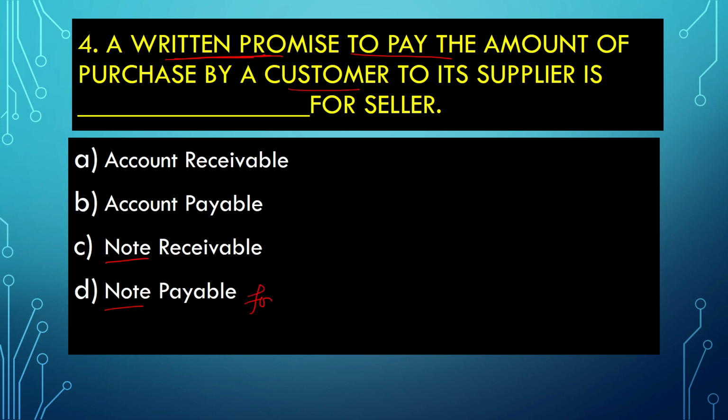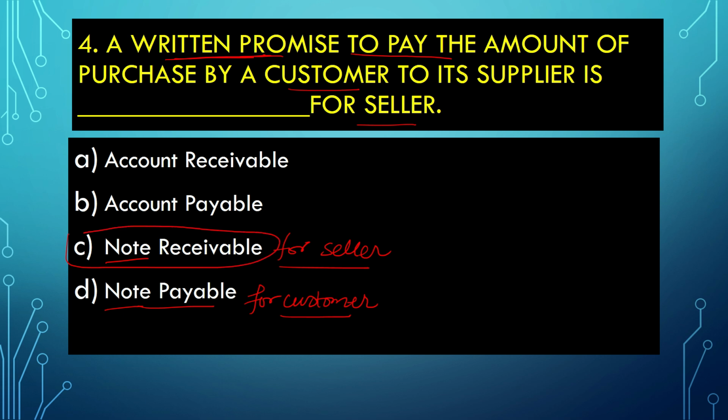The customer is purchasing goods or something and giving the promise in writing, so in this way the customer will record it as note payable. But the seller is not giving the promise, he is actually receiving the promise. So for the seller it will be note receivable. Here the question is asking for the seller, so the correct option will be C, note receivable.